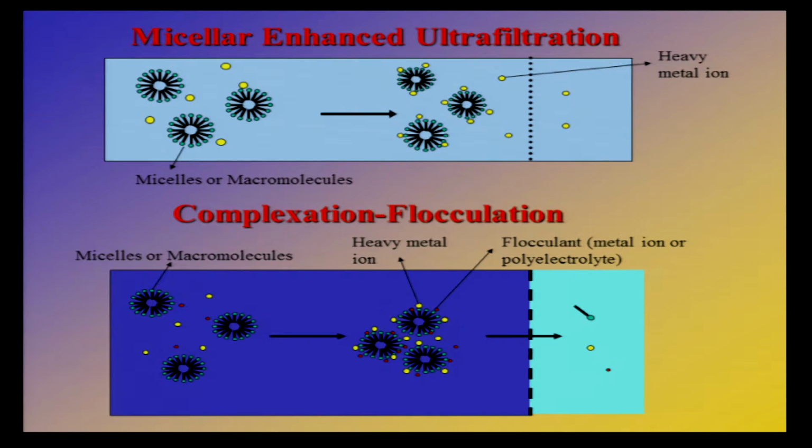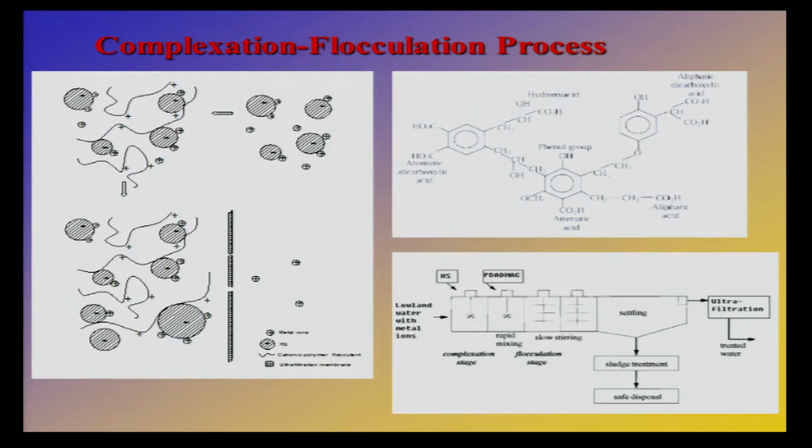These very small particles are joining together to form much larger ones. And with these large particles, we don't need this membrane. We can just use a very coarse filter. This could be filter paper, or we can even just settle the particles. That means we can separate out the contaminant species from the water. So that's how the complexation flocculation process is working.